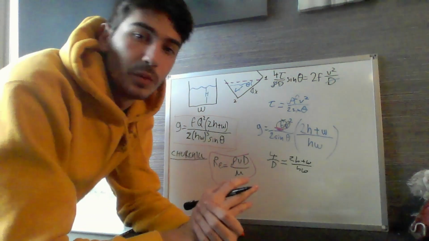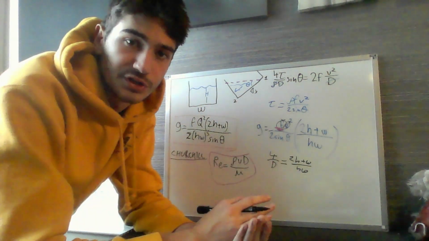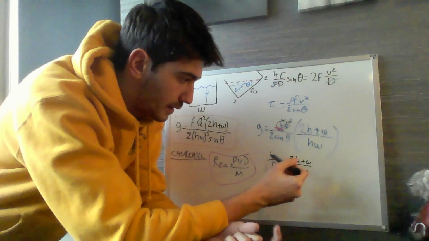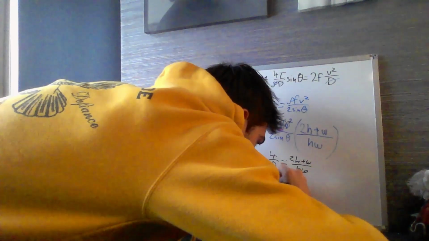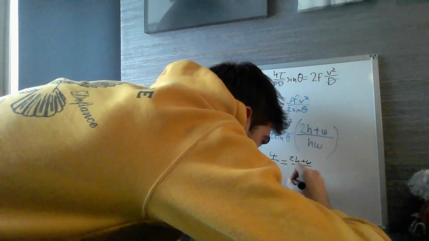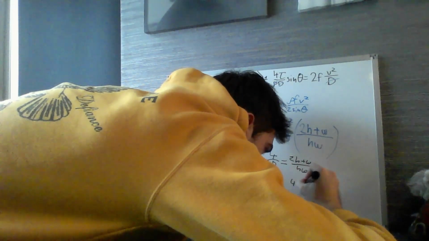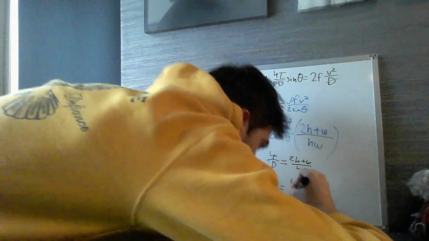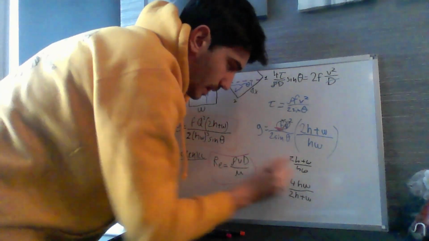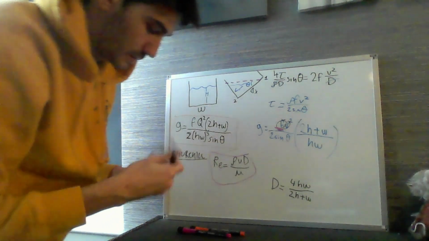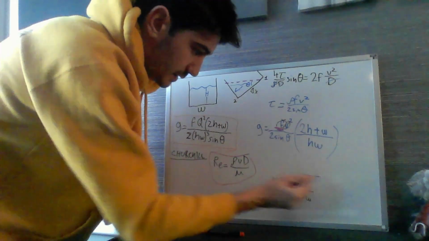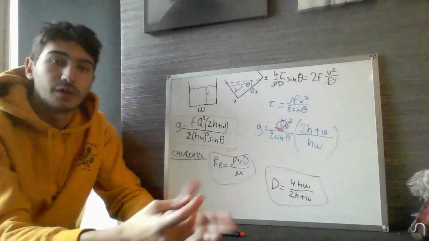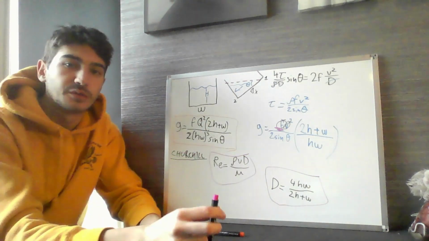So nice and simple, all we have to do is cross multiply to get an expression for D. So we get D is equal to 4HW divided by 2H plus W. All right. So let me go ahead and circle this. Now we have our value for the diameter, or the correlation of diameter between the square aqueduct and the circular.